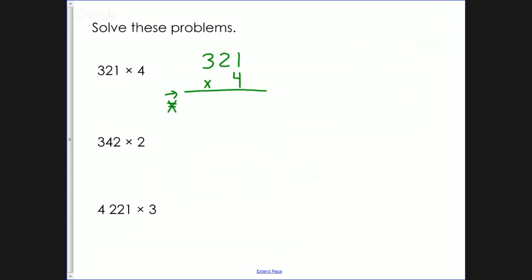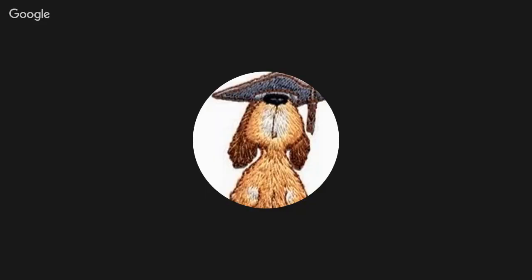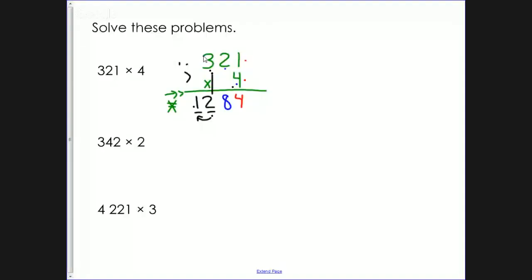So you don't need to do that, okay, because this is your equal sign. Is 1,284.